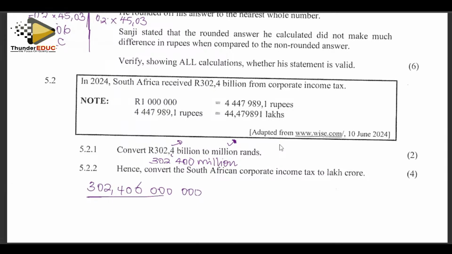What do you do? You divide by 1,000,000. So if you divide by 1,000,000, look at that. These zeros here will leave. So what do you remain with? You remain with the answer up there, and you've converted to millions. Okay. That's how the answer was supposed to be.